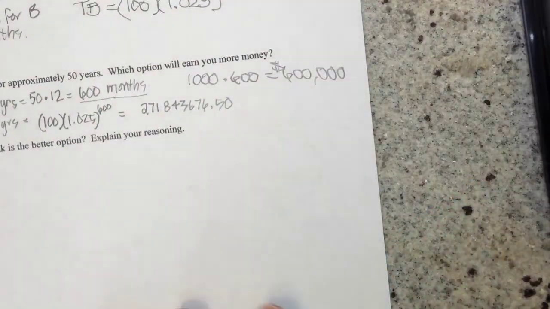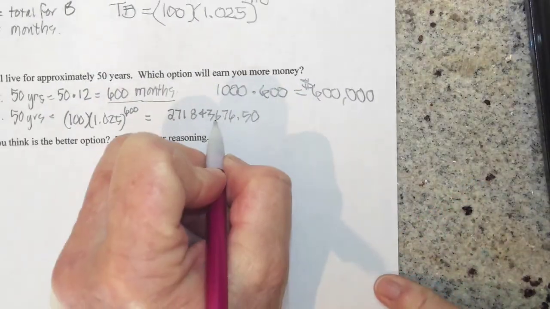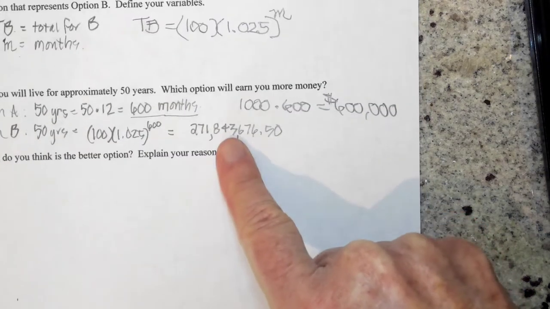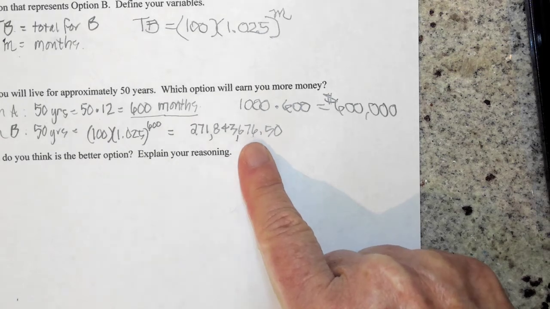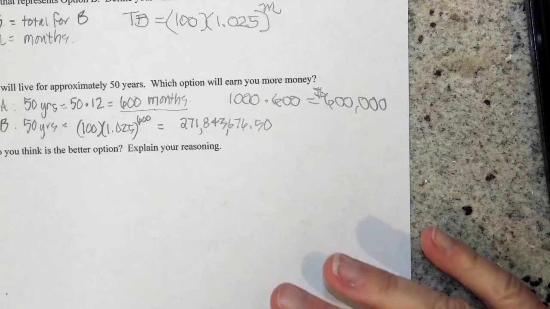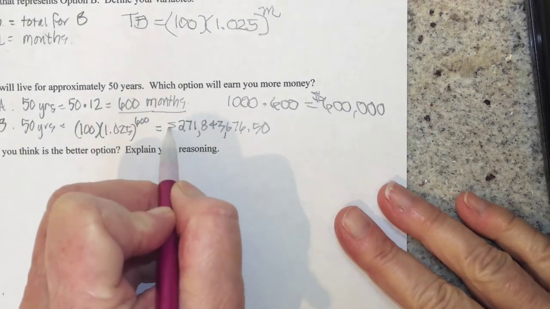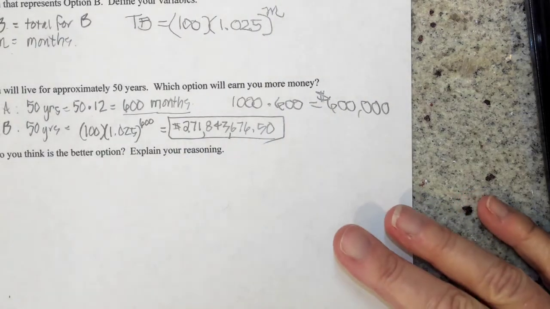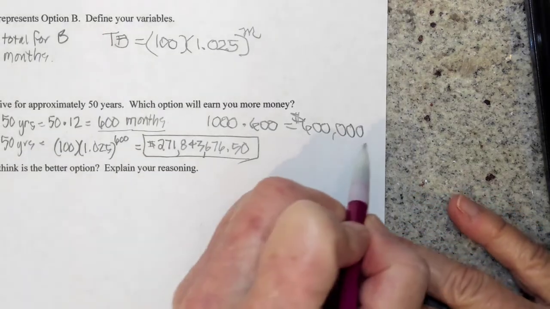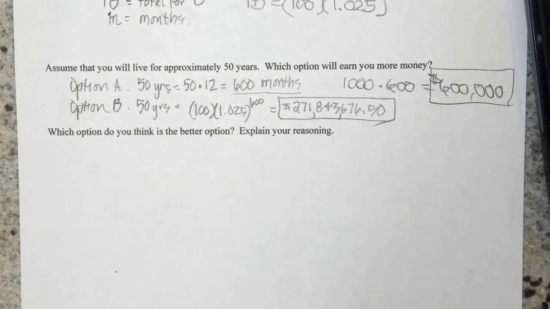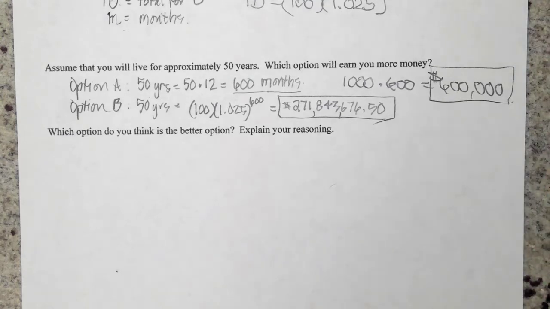Okay, now I need to know how much money that is. $271,843,676.50. Okay, which one's going to give you the most money? Bingo, right there. Okay, now, here's option A. Now it says, which option do you think is the better option?